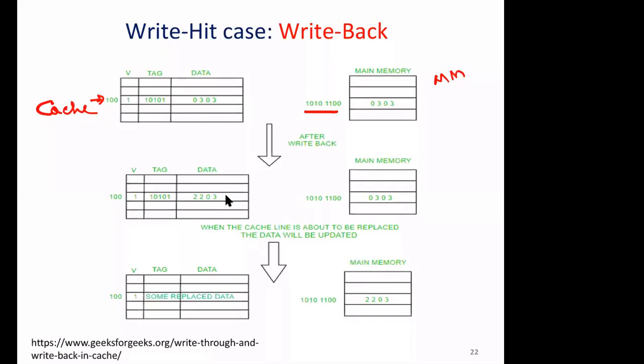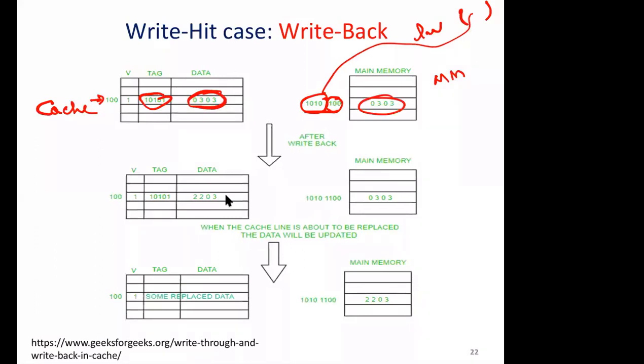So this is index 100. The remaining bits will be tag bits. So this is a tag, and when LW with this address is issued, we look here and there is a match. But there is something already there, right?